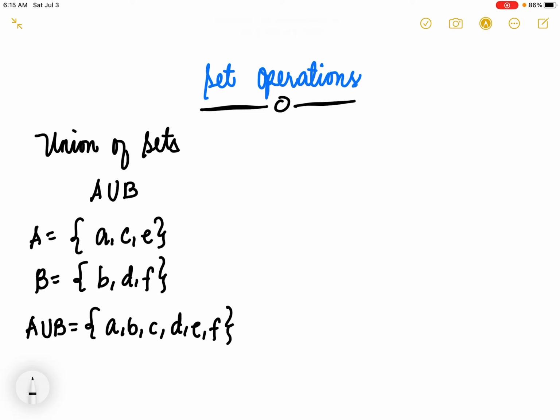Just write or combine all the unique elements from set A and set B.